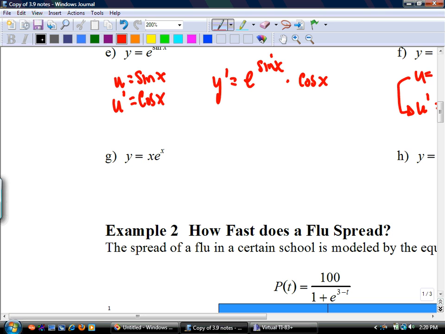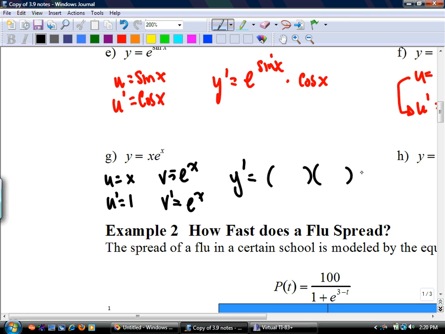U equals x, u prime equals 1. V equals e to the x, V prime equals e to the x. Okay. Put it together using the product rule.